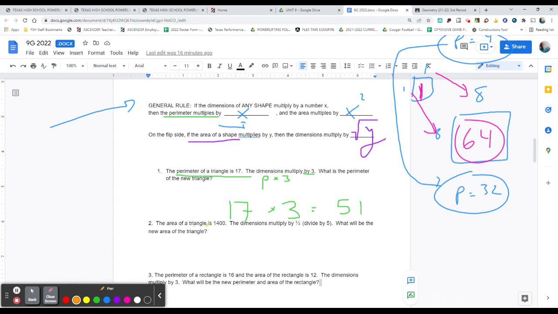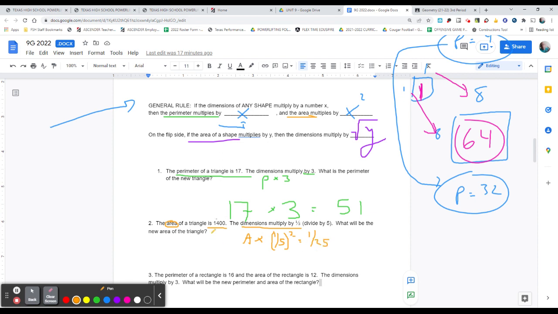All right, so here we go. The area of a triangle is 1400. The dimensions multiply by 1/5, which means they really divide by 5. What will be the new area of the triangle? Well, if the dimensions multiply by any number, the area, because we're looking at area here, multiplies by that number squared. So the dimensions multiply by 1/5, so the area is going to multiply by 1/5 squared, which is really 1/25th.